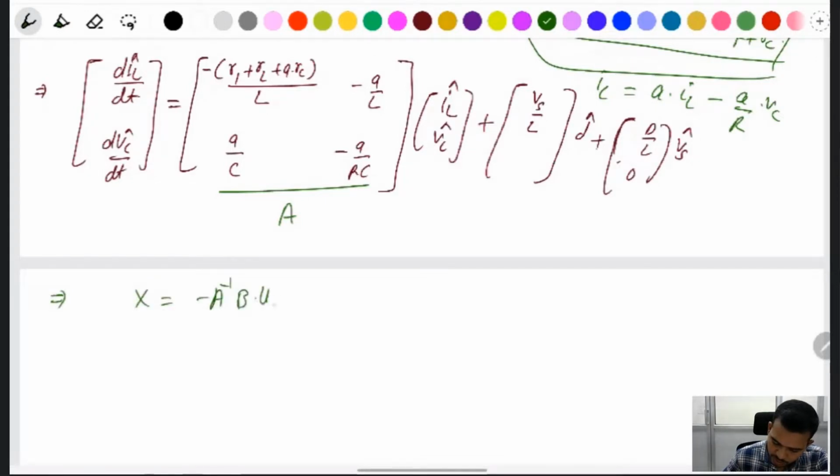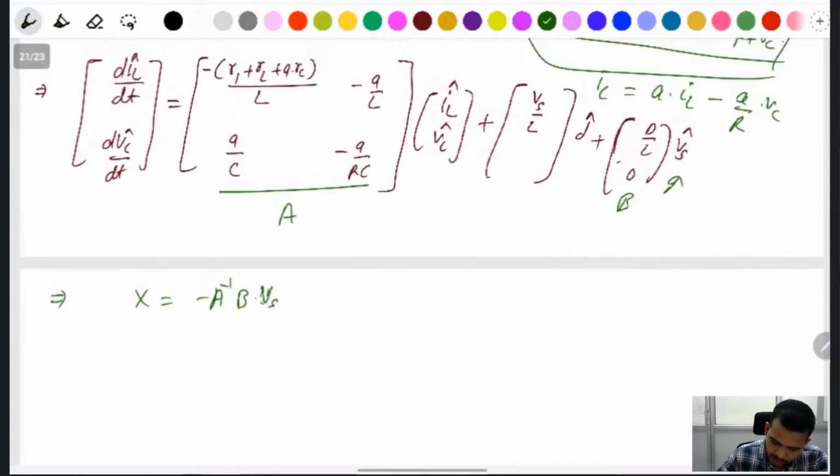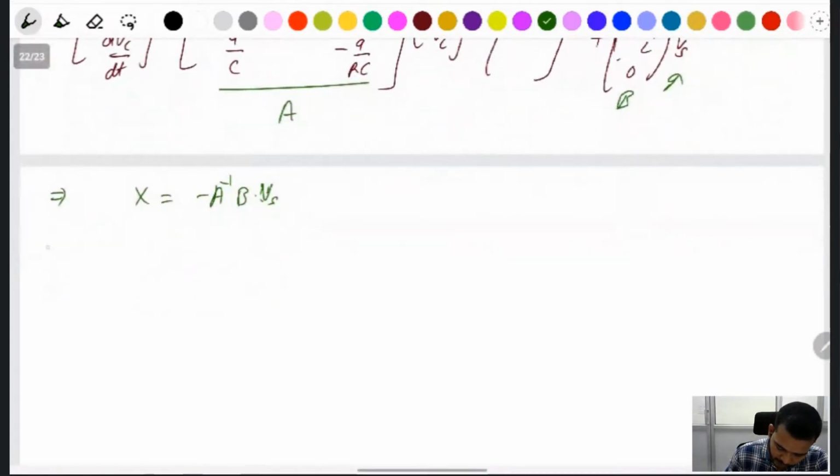Written like X is equal to minus A inverse B into U is equal to Vs. And this one is Vs, take this one is B into U is Vs. Take the inverse of this matrix.